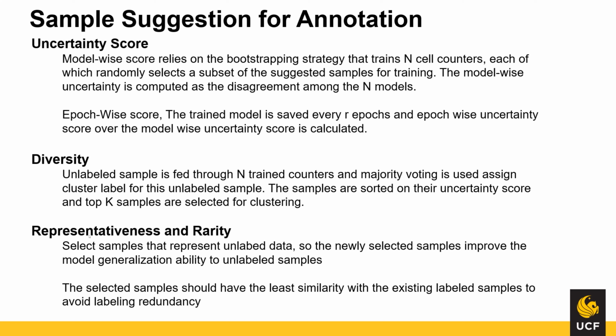So representativeness just means that they're picking the unlabeled data so that it improves the model generalization. And then the rarity is they're comparing with the existing labeled data to avoid labeling redundancy. So they are picking unique and unseen labels for suggestive annotation.